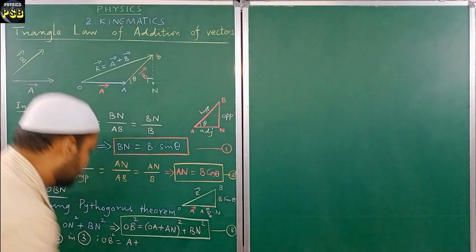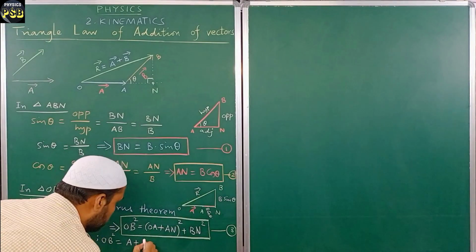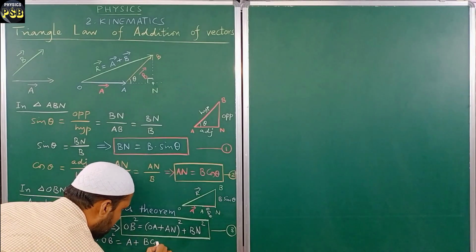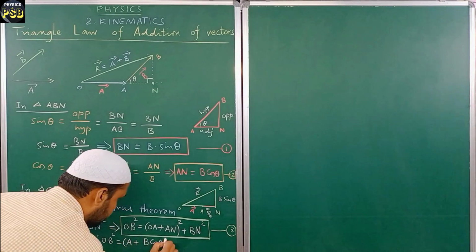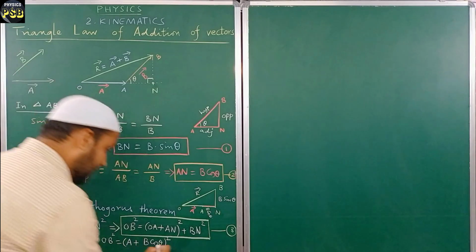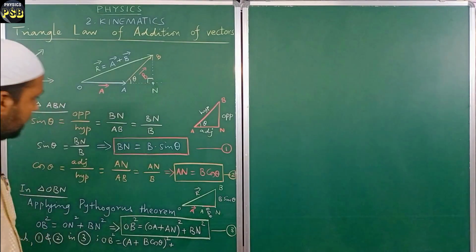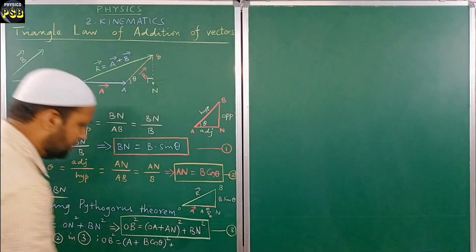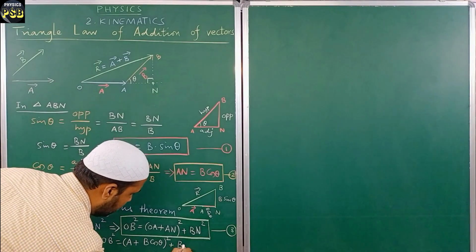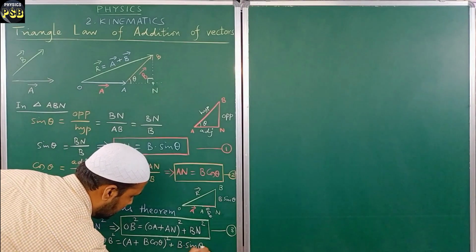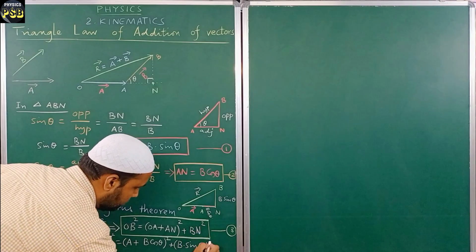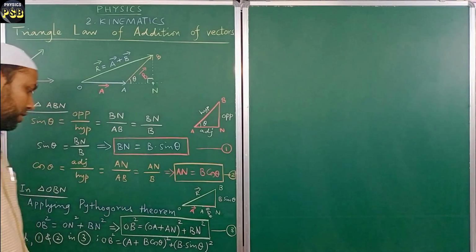AN is B cos theta from equation number 2, B cos theta whole square, plus, what is BN? BN is nothing but B sin theta, whole square.